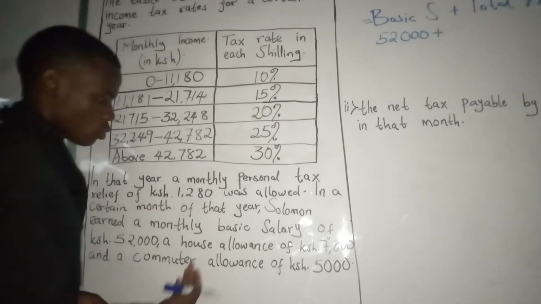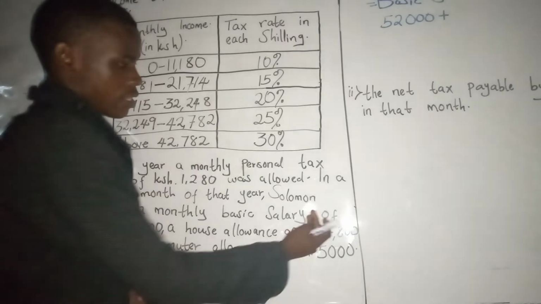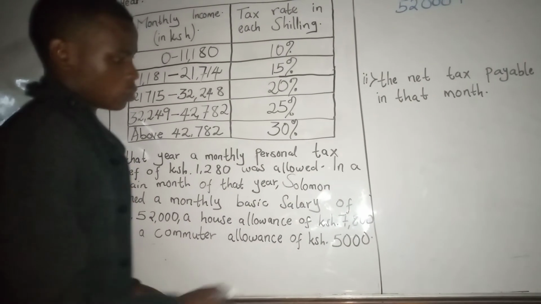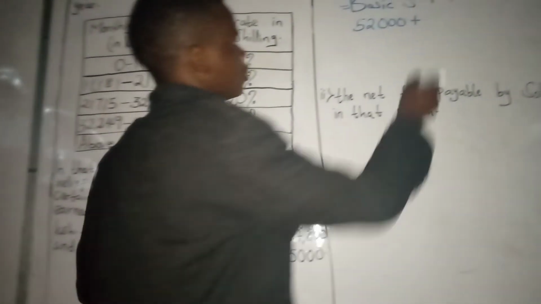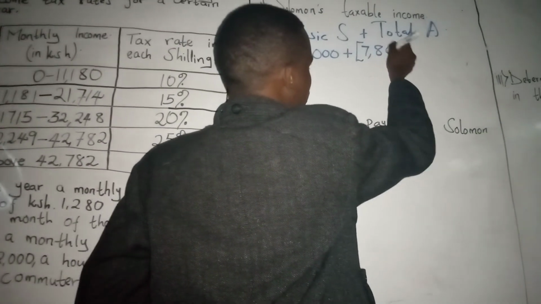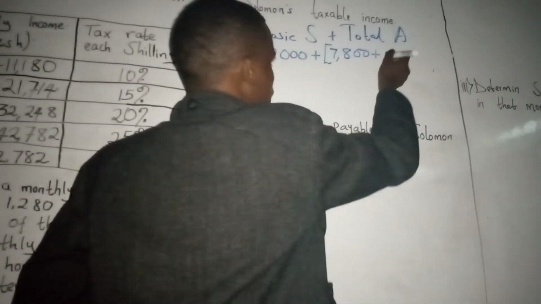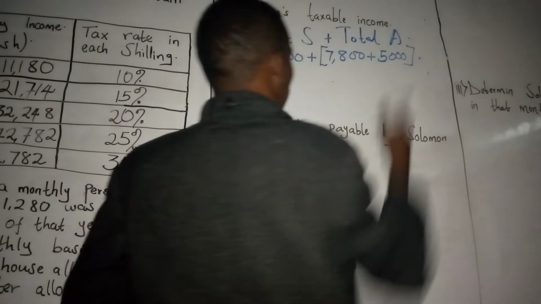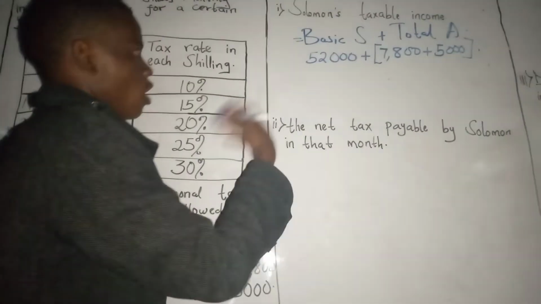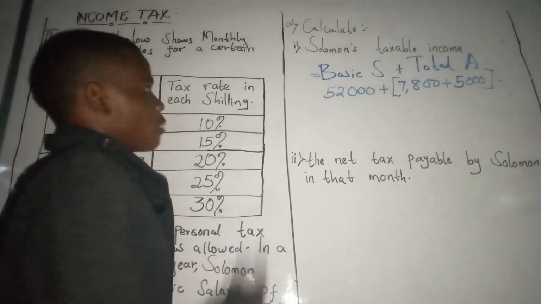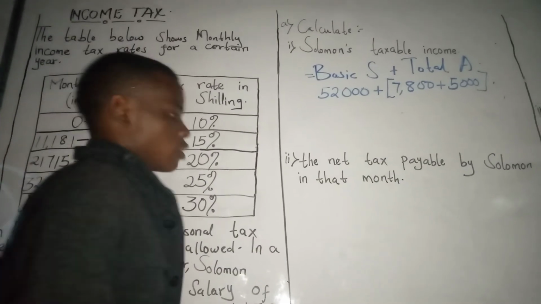So the first allowance was a house allowance, which was 7,800, and there was a commuter allowance which was 5,000. So it is going to be plus 7,800 and plus 5,000. So you are going to add all of them, then you are going to get the taxable income of Solomon.